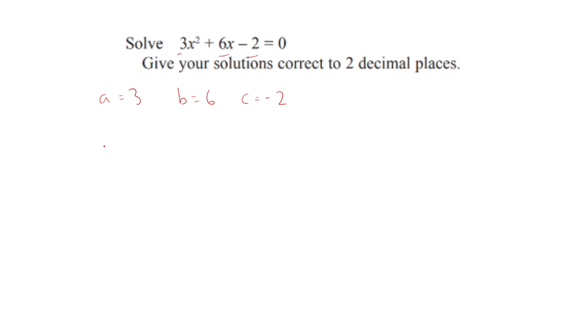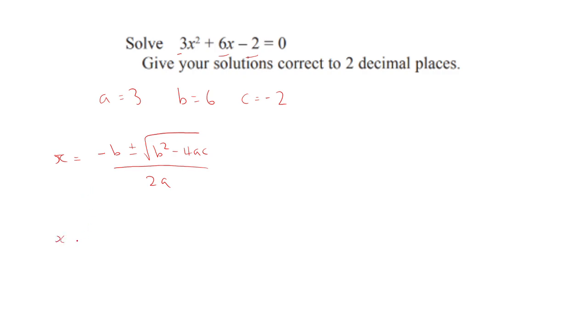So I'll write out the quadratic formula here. X will be equal to minus b plus or minus the square root of b squared minus 4ac all over 2a. So we can plug in these values now.